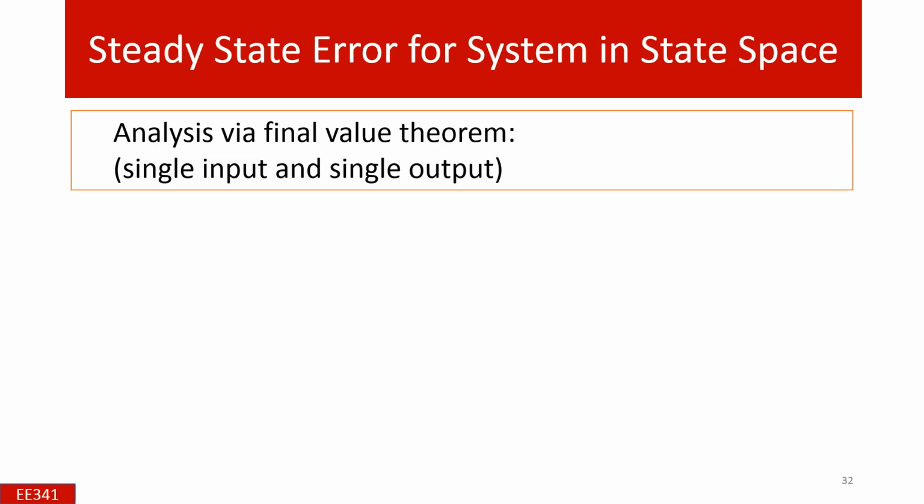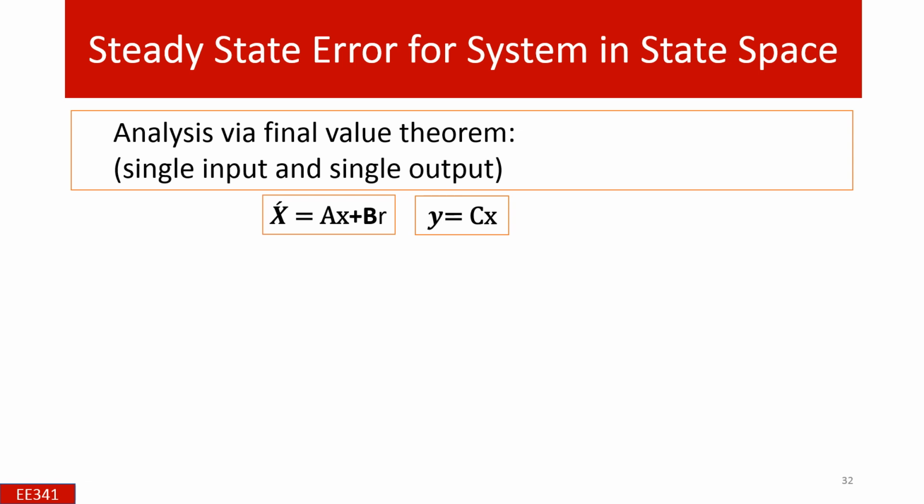If there is one input and one output in a state space or time representation system, then we can find the steady state error by using the same previous relations as we tried earlier. This is the time domain representation, with x representing the state variable, and its first derivative is equal to A times x plus B times the input value.